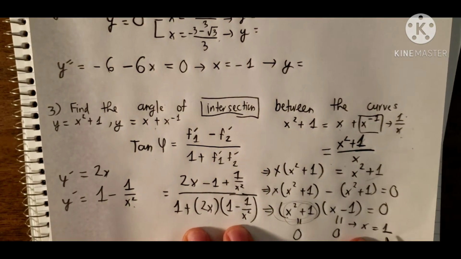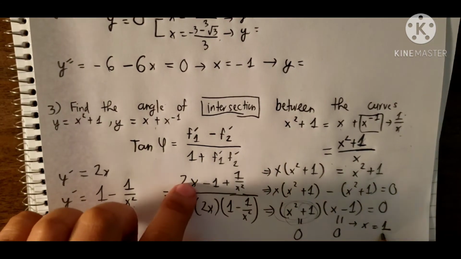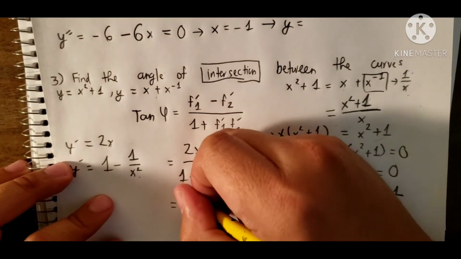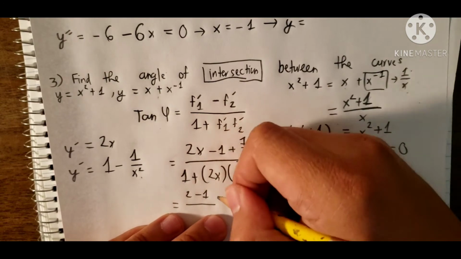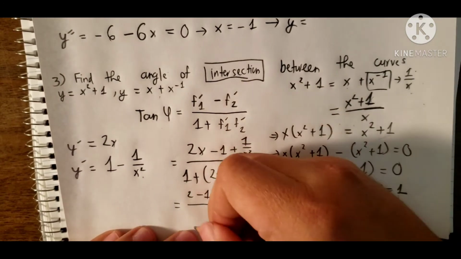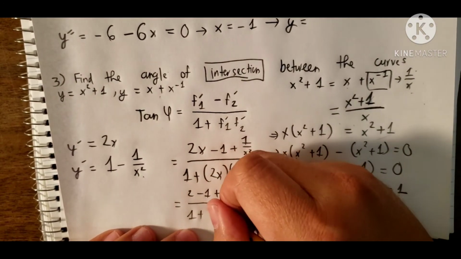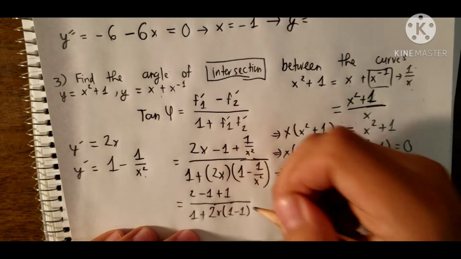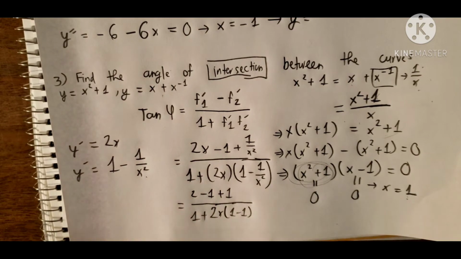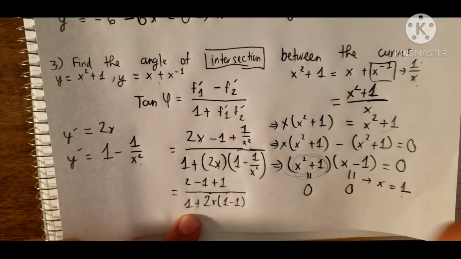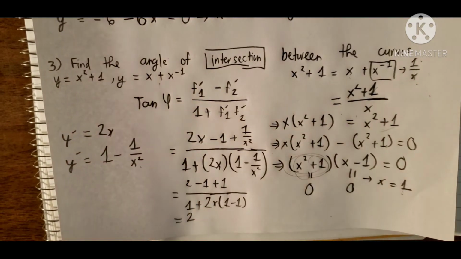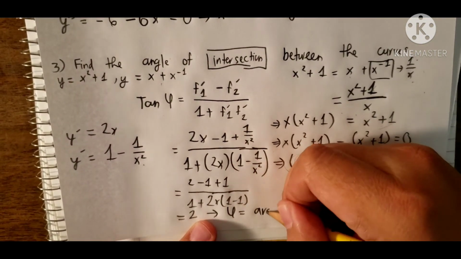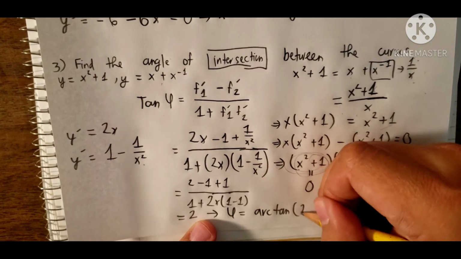But we have s equal to 1, so we put 1 in here, and we get 2 minus 1 plus 1, and we have 1 plus 2 multiplied with 1 minus 1. So after we calculate everything, you get 2, and we find phi is tan of 2.